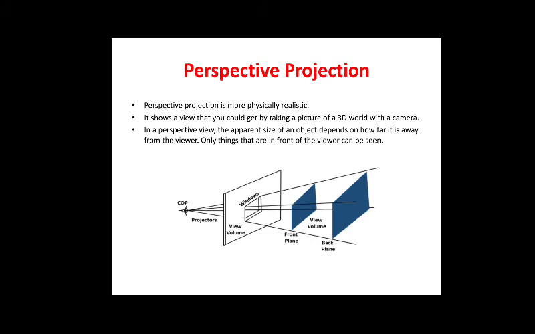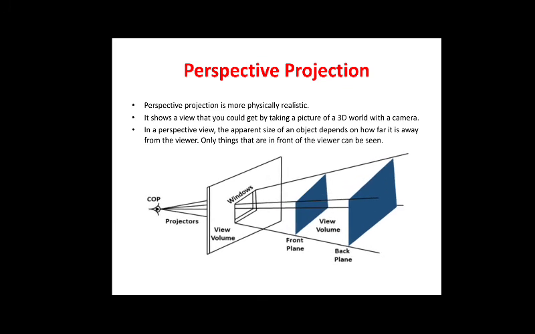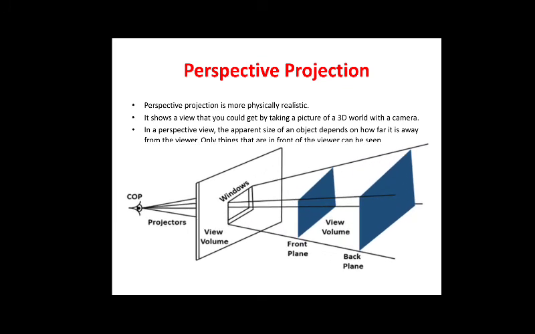Here you can see from the center of projection you are projecting through the window. The window is the portion the camera has to view that object. From that window you project like this, and whatever portions are visible with this projection will be displayed on that particular screen. This is called a perspective projection.